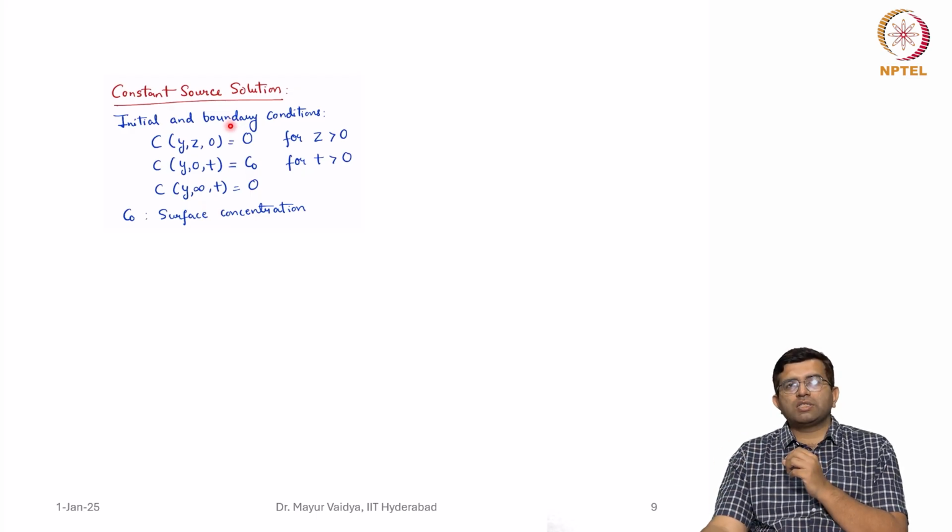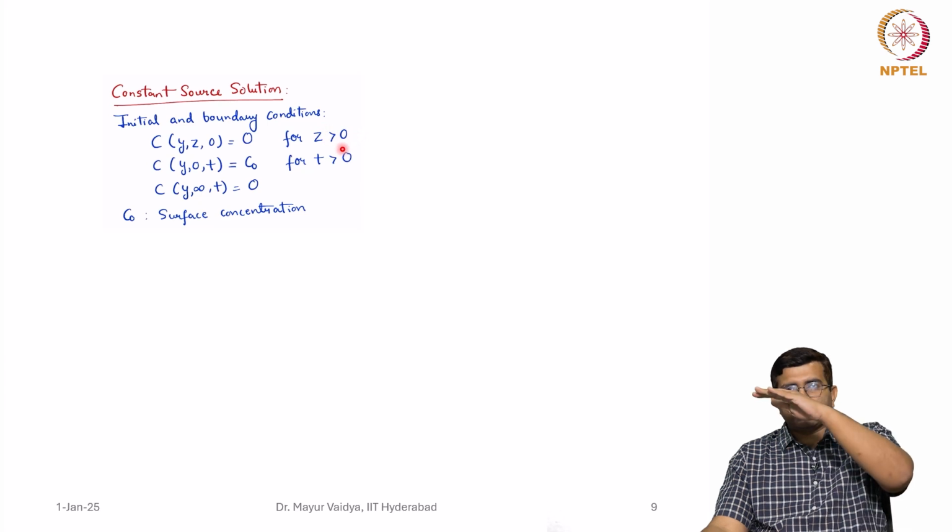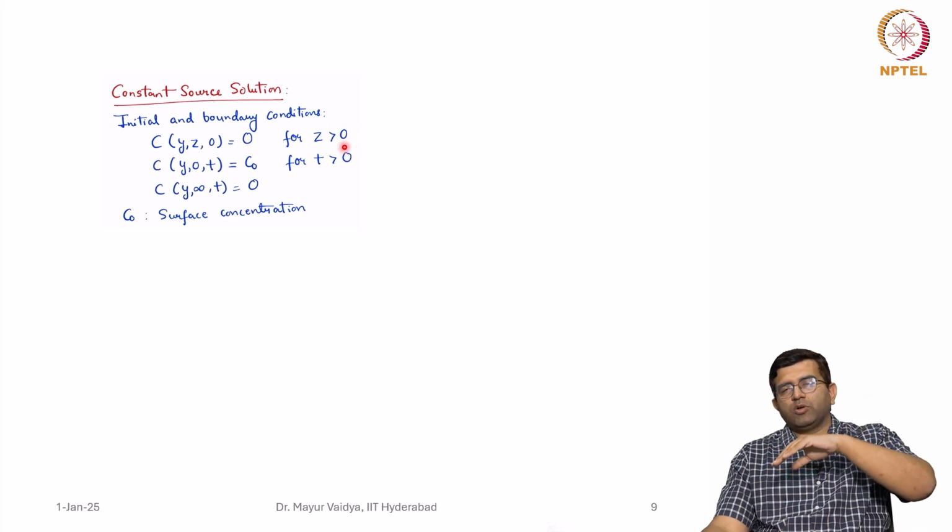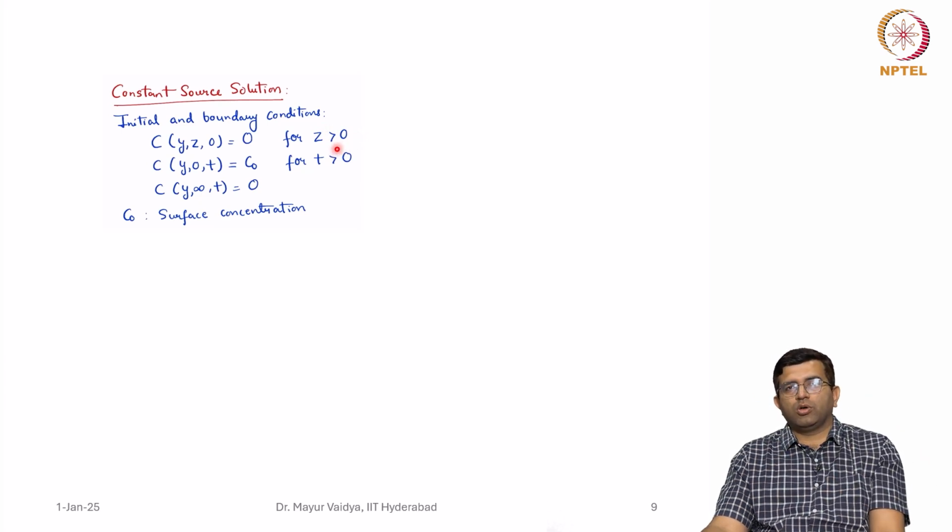In this case the initial and boundary conditions will be: at t equal to 0, the concentration is 0 for any z greater than 0. That means there is a surface concentration, but below that there is no tracer atom. At z equal to 0 and at any instant t, always the surface concentration is maintained as C naught.